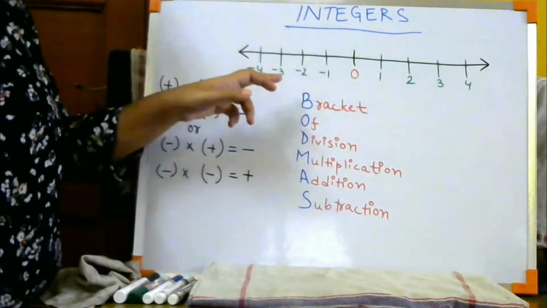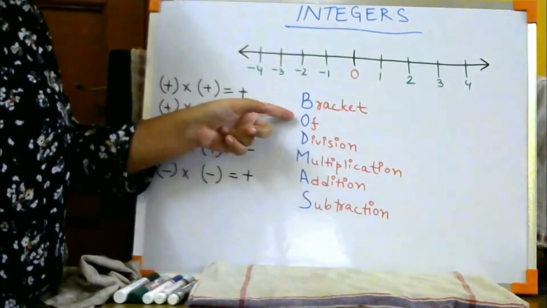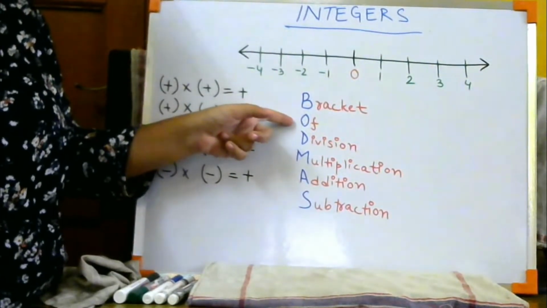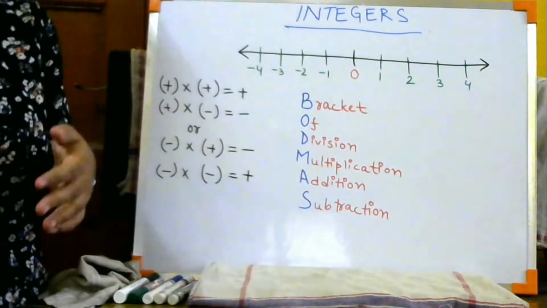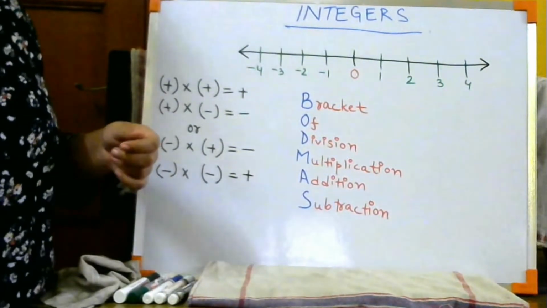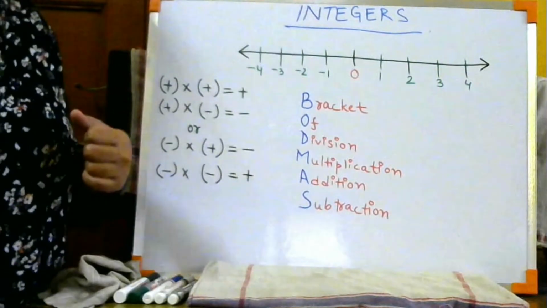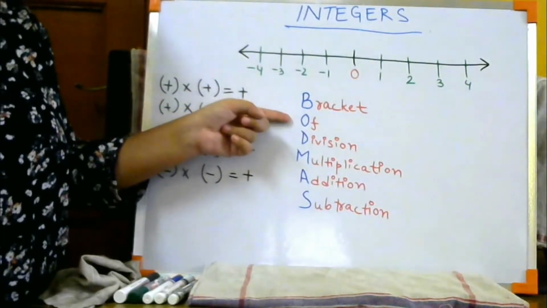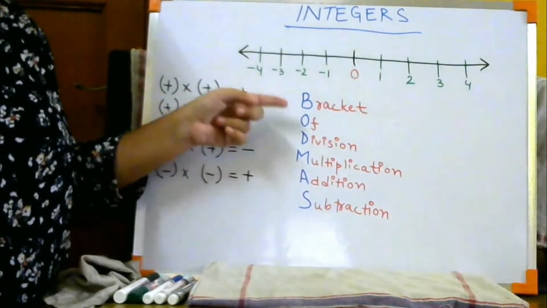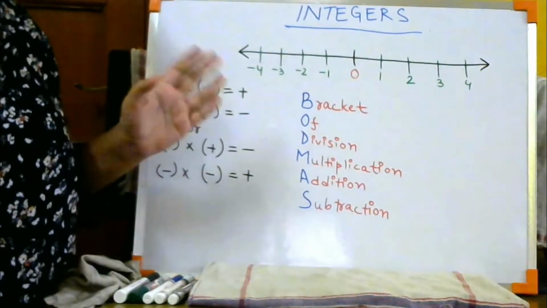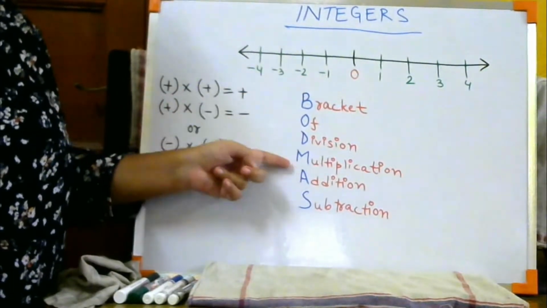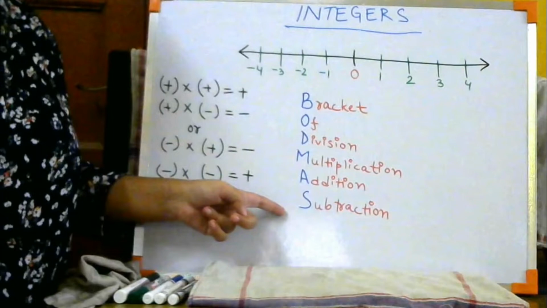Clear? Now, in integers generally of is not there. You are going to find that out when we do the sums from your textbook exercise. You will see that of is not involved in these integer sums. Of is not there, but bracket, division, multiplication, addition, and subtraction you will find.